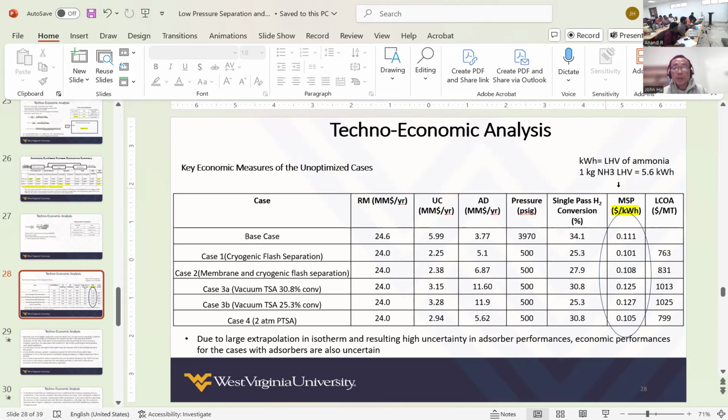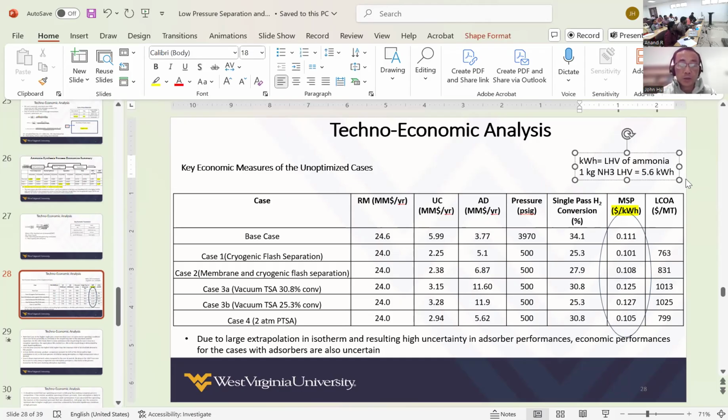So basically, 1 kilogram of ammonia, the heating value is about 5.6 kWh. That means 1 kilowatt hour of ammonia, if you want to turn this into the weight of ammonia, it's going to be 1 divided by 5.6 kg.